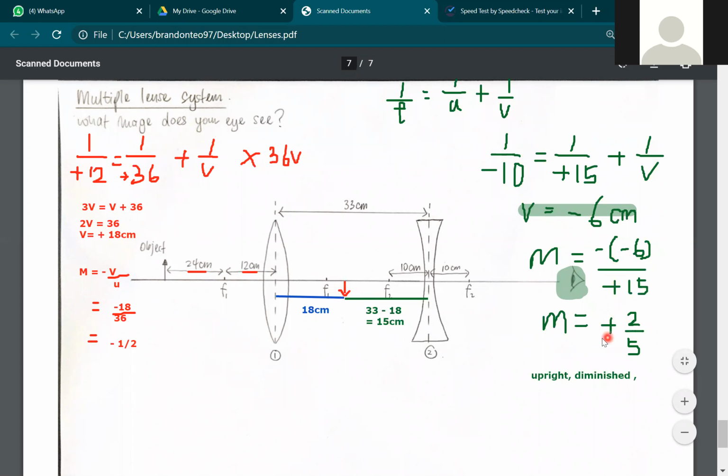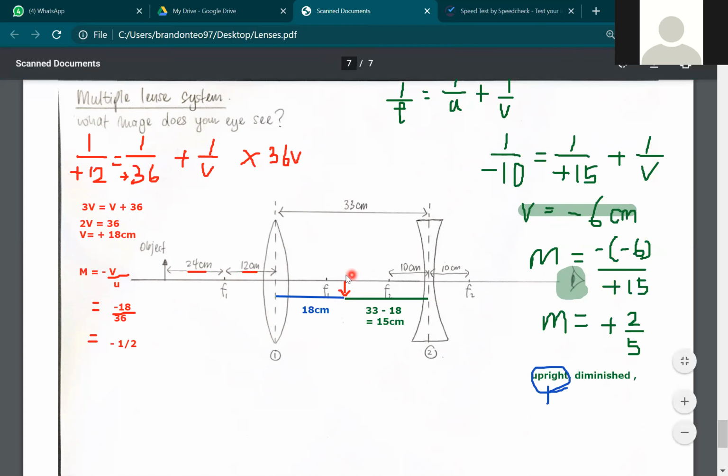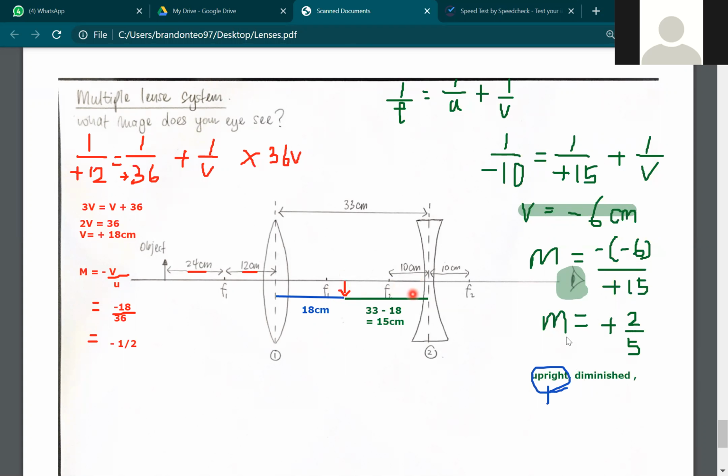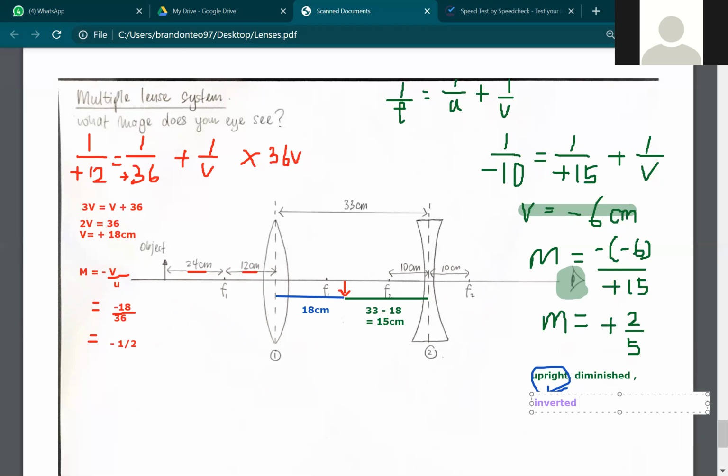So if this magnification is positive, your final image is still going to be upside down. The second object was already inverted, so if you calculate a positive magnification, its orientation doesn't change. If your magnification is negative, then it flips back to upright. So this is actually inverted.